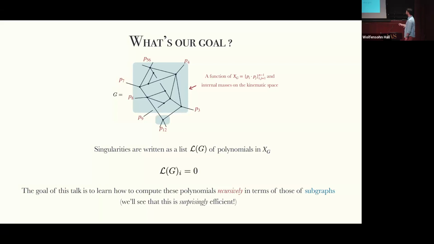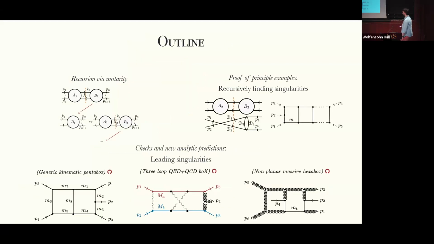By subgraph, I mean a simpler graph embedded into the original graph. Said differently, our goal is to find the prescription that allows us to glue the singularities of this graph and this graph together to get the singularities of the whole graph. That's the goal.